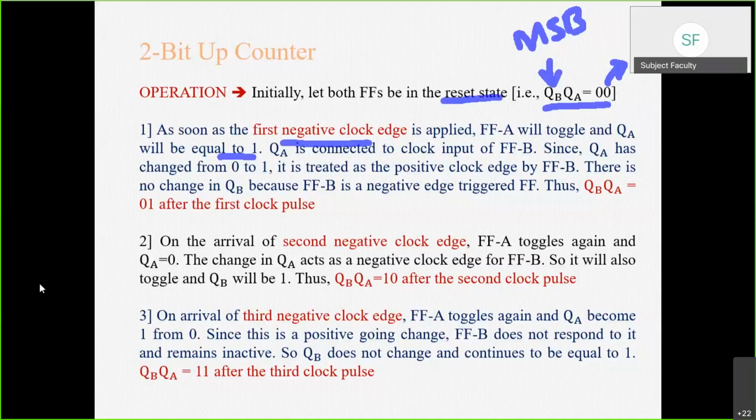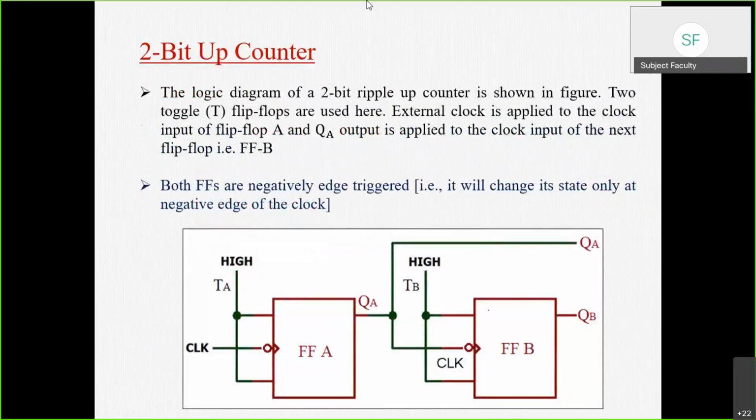If you observe QA, let's go to the earlier slide. We have already kept TA high, at logic 1, which means we are operating in T flip-flop mode.